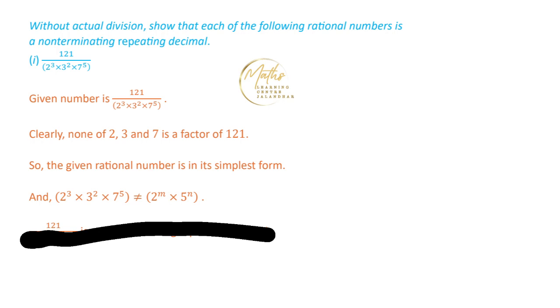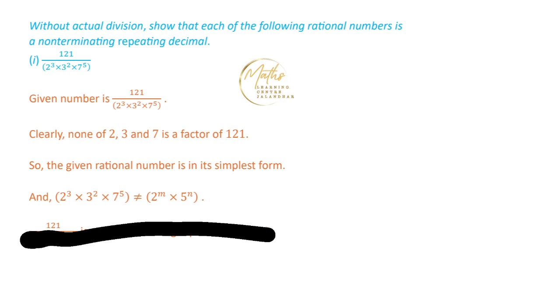None of 2, 3 and 7, the factors in the denominator, is a factor of 121. It means that the given number is in the simplest form.